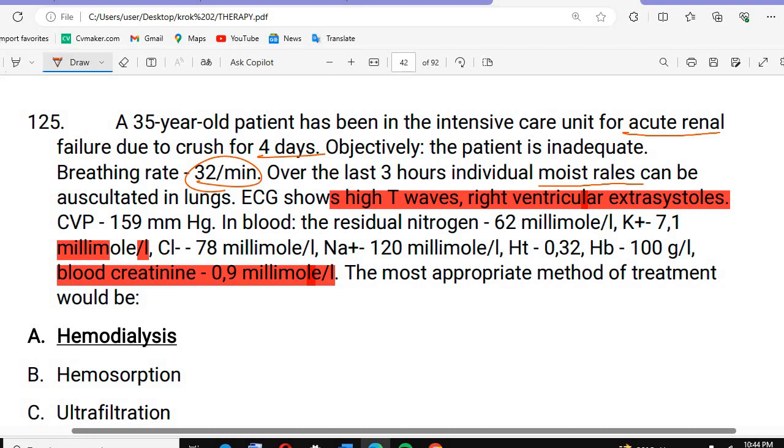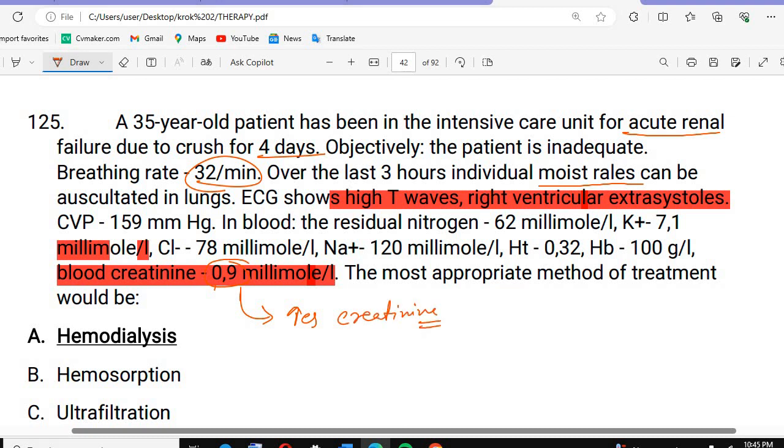The first thing is to look at the blood creatinine level, and whether there is an increase in the creatinine level.